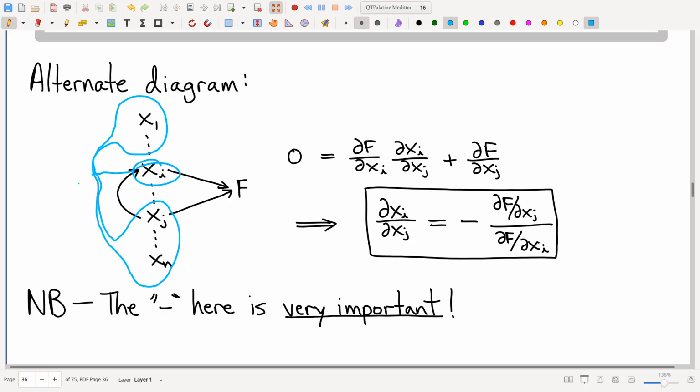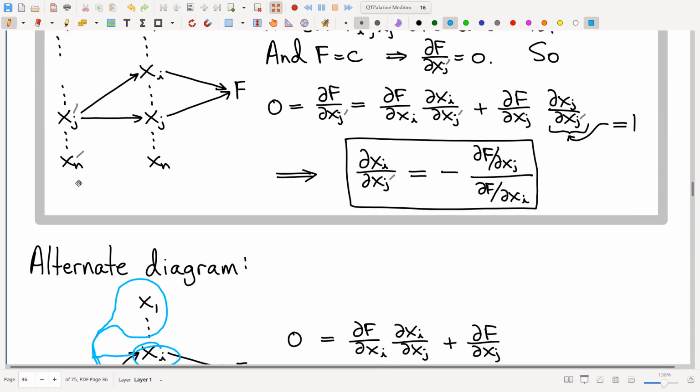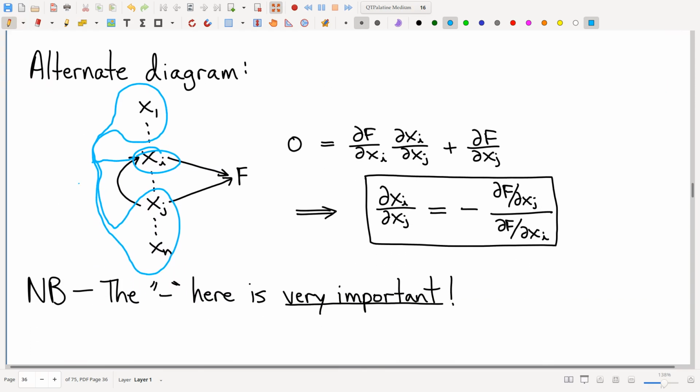So I'm just going to do it like this and say, well, let's not forget, not only does f depend on all these variables, but xi itself can be thought of as a function of all of the x's other than itself. And yeah, I know I'm being a bad example, and I apologize. But again, take your choice if you want to go through and think of it this way. It's a lot uglier and less intuitively satisfying.